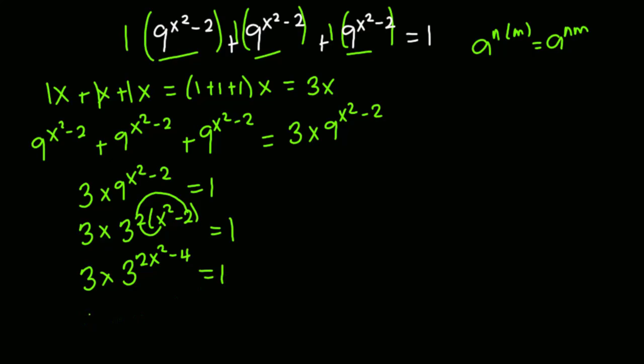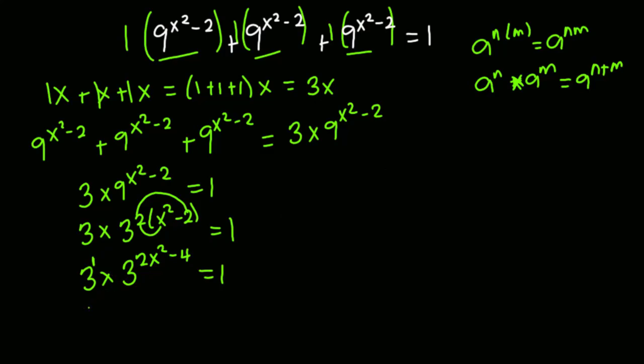So if we have something like this, remember that the exponent of 3 is 1. From the law of indices, if we have a exponent m times a exponent n, this is the same as a exponent m plus n. So I'm going to add the exponents because they have the same base.